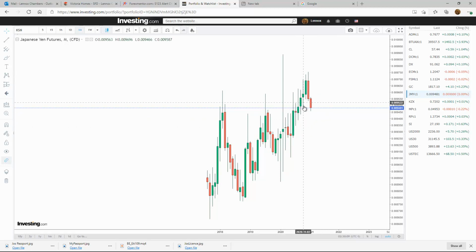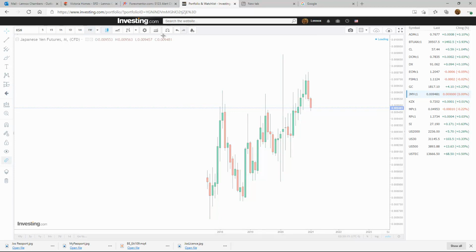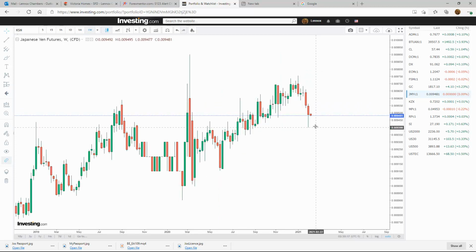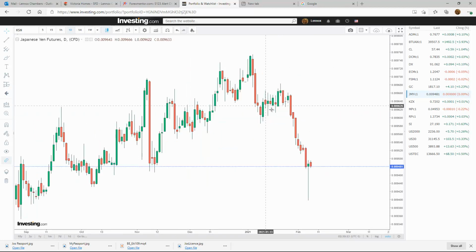Okay, Japanese yen, but you can see very choppy. It took quite the pullback here over the last couple of months. Quite the pullback indeed, and down into a previous support area. And is it ready to turn around at this point? Maybe so. We've got quite the pin bar there, so this could bode well for a move to the upside for the Japanese yen.